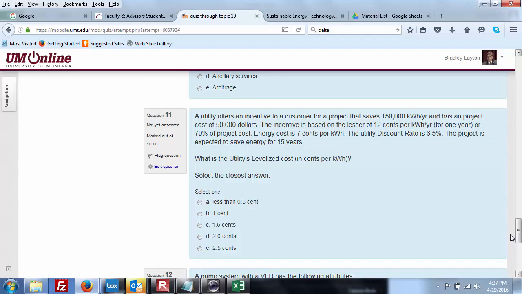The incentive is based on the lesser of 12 cents per kilowatt hour for 1 year, or 70% of project cost. Energy cost is 7 cents per kilowatt hour.